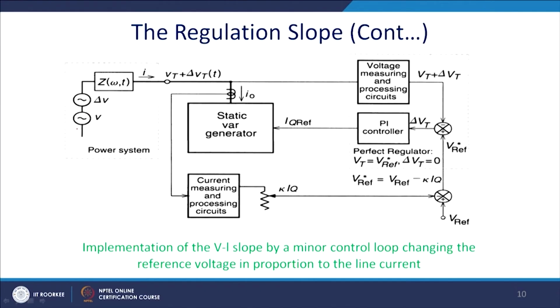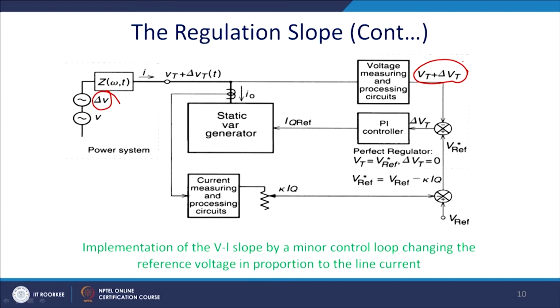Let us assume that in the power system, all of a sudden delta V comes into the picture. So, you have a swell in voltage, and thus this Vt will be added up and this current will be sensed by the current sensing and processing circuit, and the measured voltage is also measured and will add up Vt plus delta Vt.